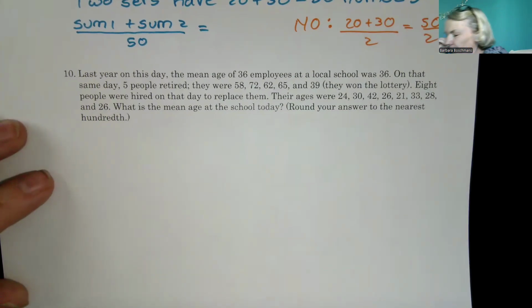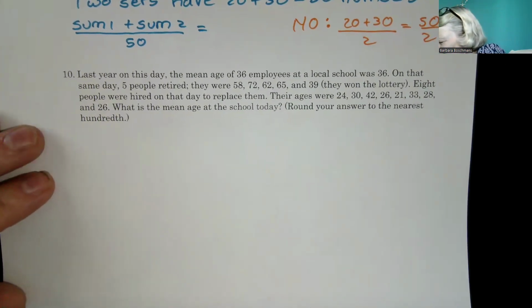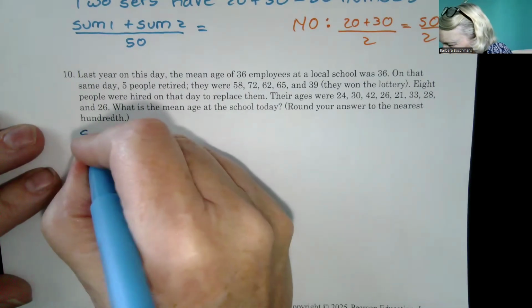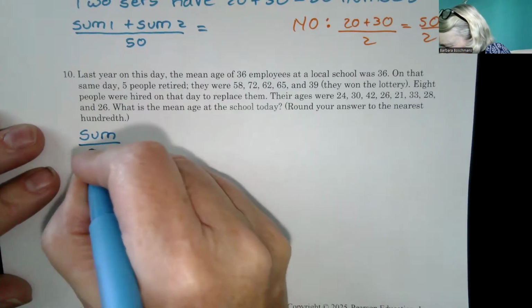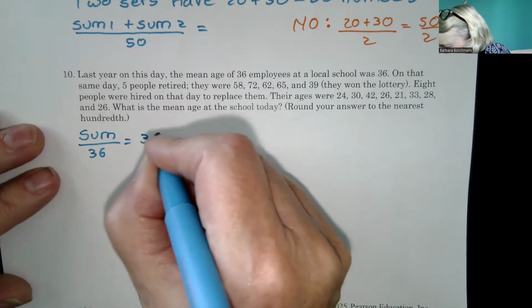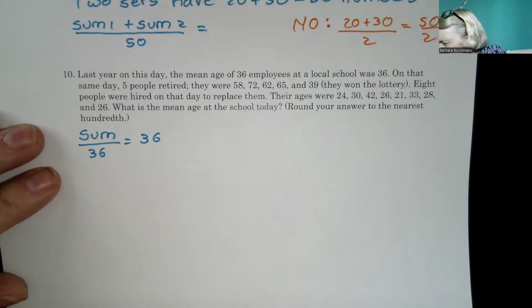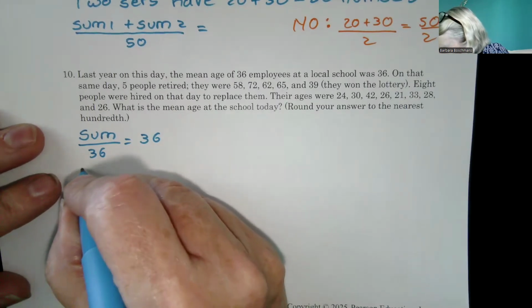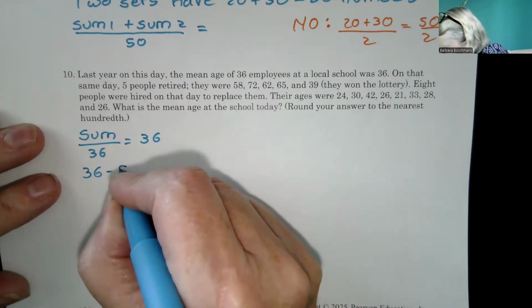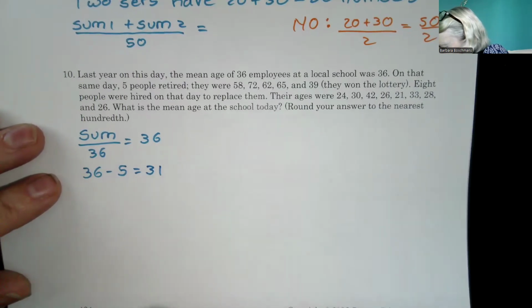Okay, last one, number 10. Last year, this day, the mean age of 36 employees at a local school was 36. So the sum divided by 36 is 36. On that same day, 5 people retired. So 36 minus 5 is 31.